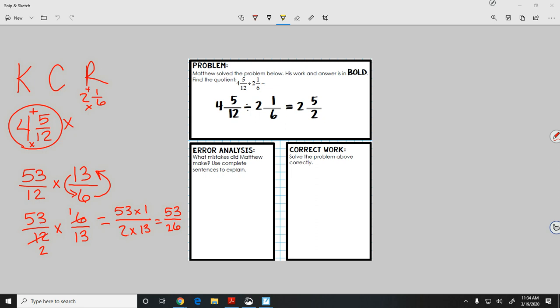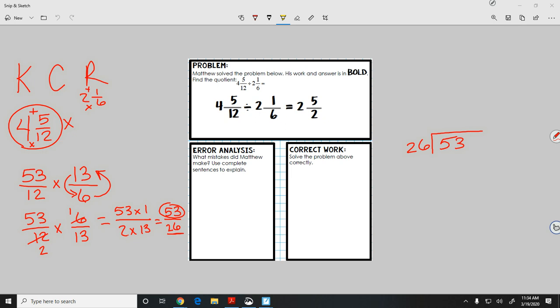Now we can't leave it in this form because we have an improper fraction, because the numerator is bigger than the denominator. There's a couple different ways we can do this. The best way that we've learned this year is long division. When we want to do division, we set up our numerator inside, and the denominator goes outside because it's the divisor.